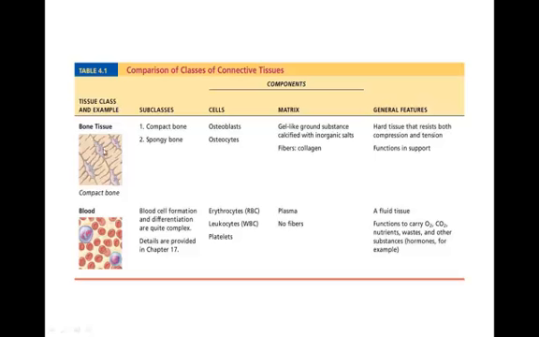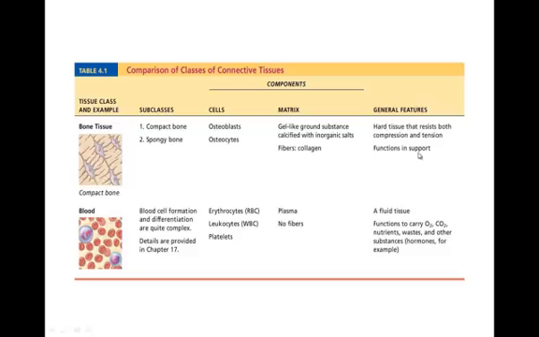Here we have bone tissue. Bone tissue is like cartilage in the fact that the little osteoblasts make the matrix, and then they get trapped in the lacunae and become osteocytes. But unlike cartilage, which is avascular and is not innervated, bone tissue has a great vascular supply, and it's very innervated, and so it repairs itself very well.